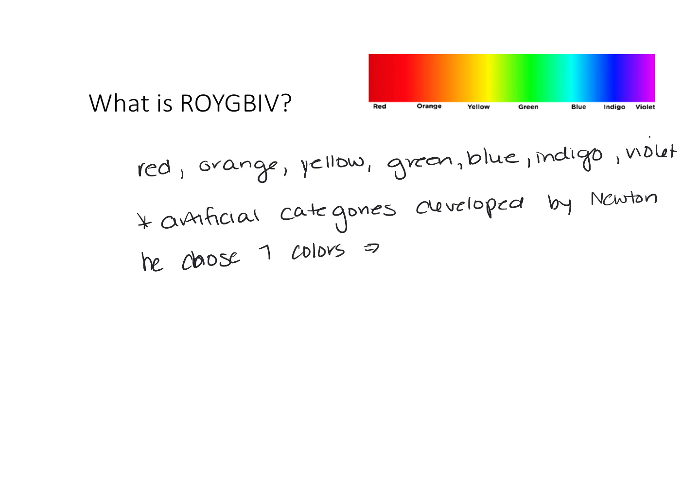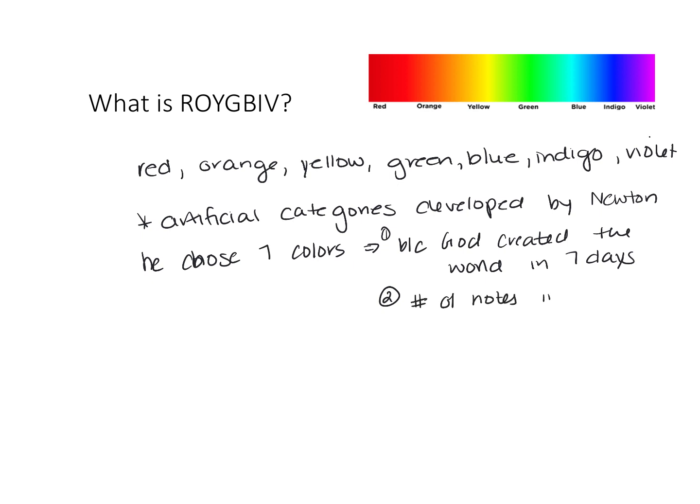And there's 2 theories I've read about why he chose 7. One of the theories is because he was very religious, and at the time when he was reading the Bible, God created the world in 7 days. And so some of my color books talk about that. So that's one theory. The second theory is because he wanted the visible spectrum to parallel the number of notes in the musical scale, which is 7.